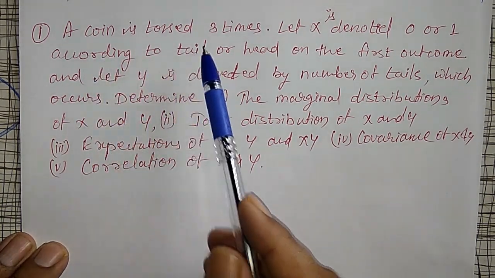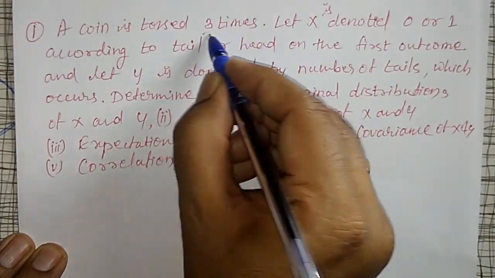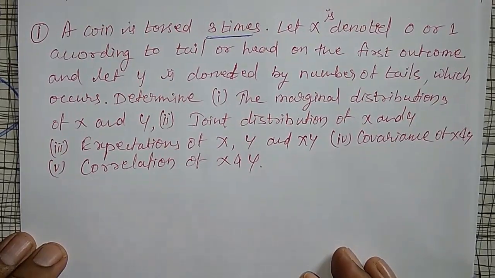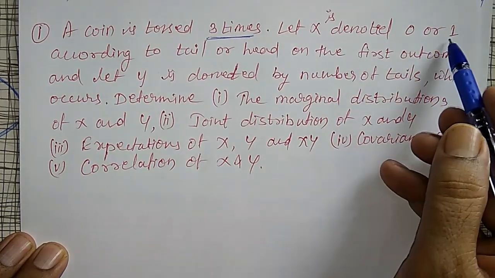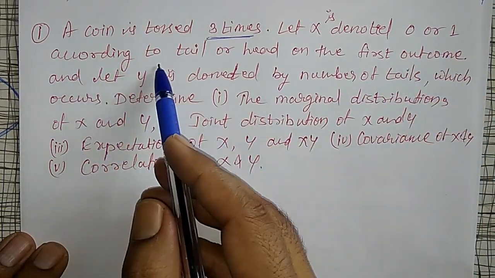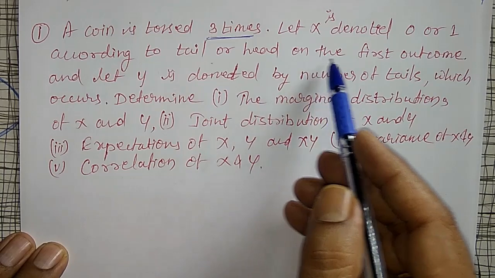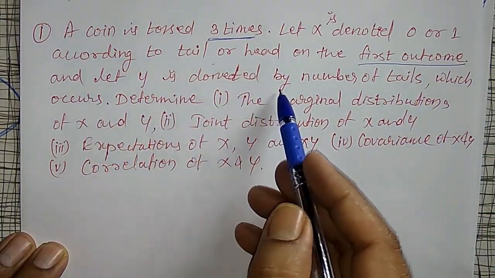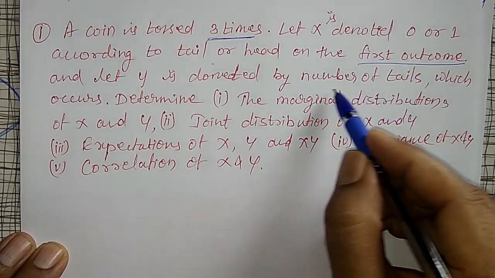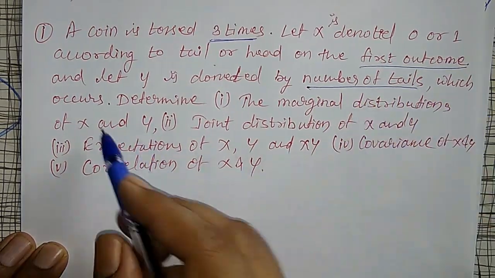A coin is tossed three times. Important, the coin is tossed three times, and let x denote 0 or 1 according to tail or head on the first outcome, and let y denote the number of tails which occurs.